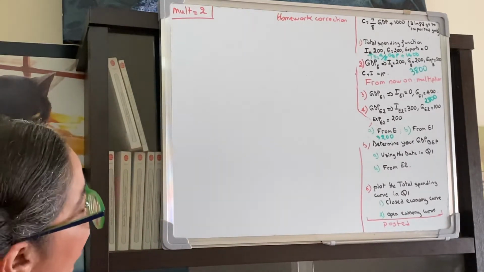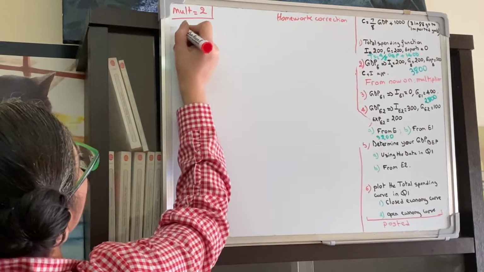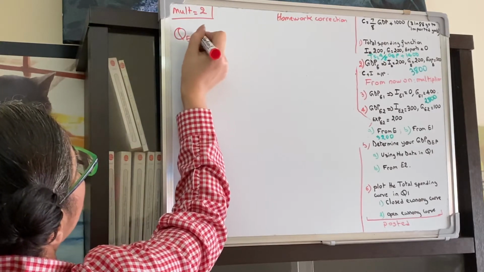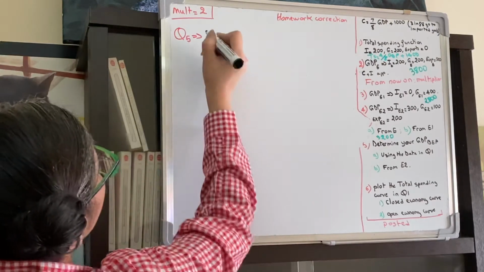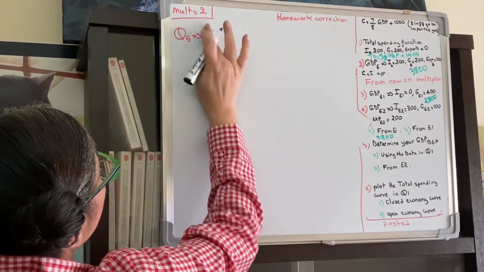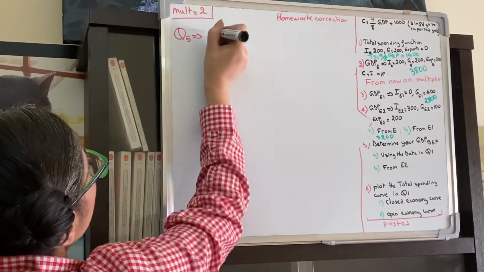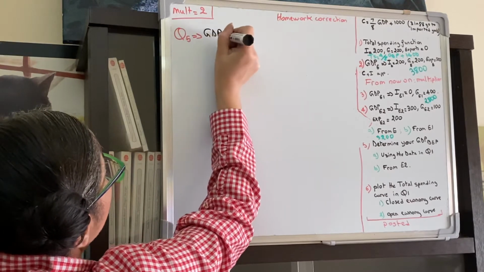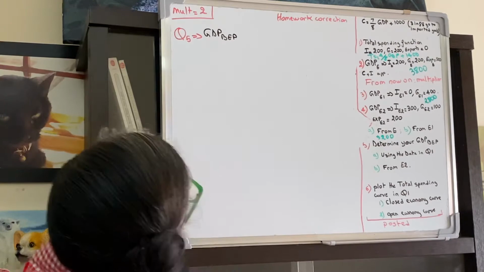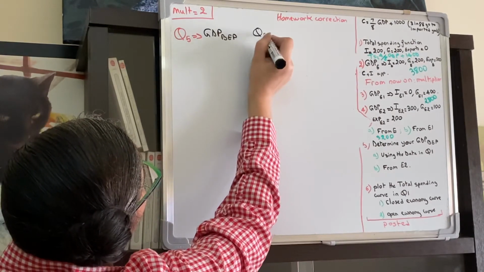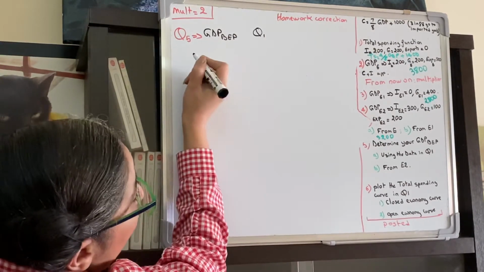Now question 5. The GDP at BEP, of course. Data in question 1. Okay, let's start.